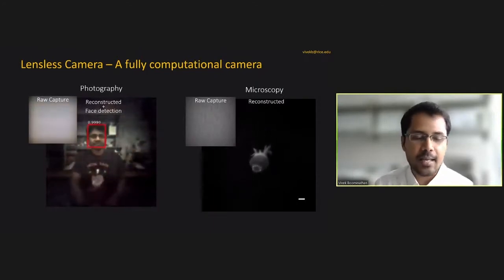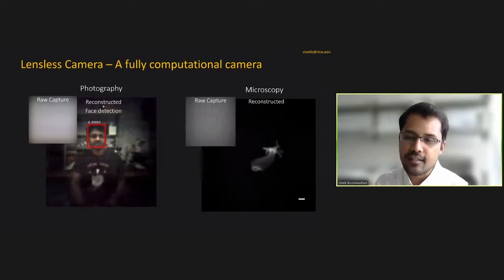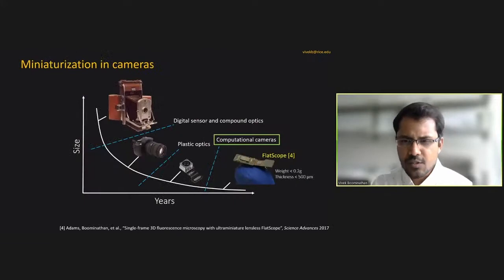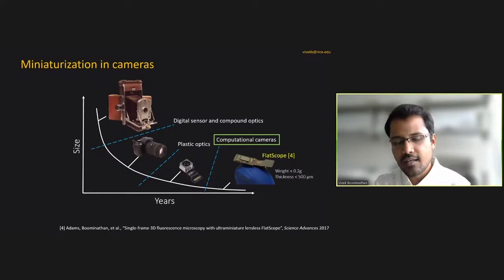Basically, we are still able to capture all the information that is important in an image, but achieve it using thinner cameras. So just to combine it with the advances over the years, computational cameras are allowing us to go way thinner in camera and use computation to reconstruct images.